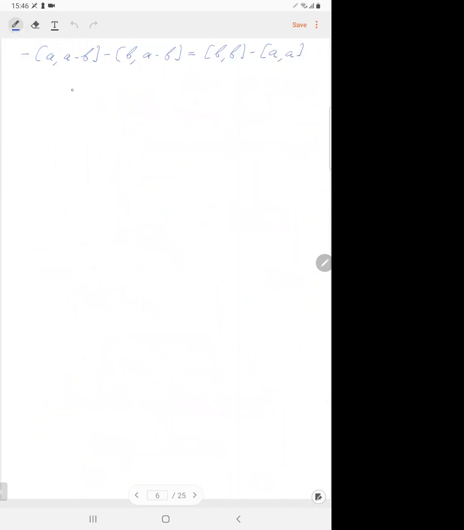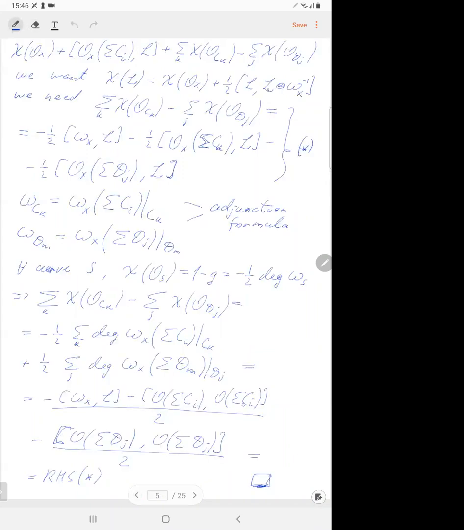Maybe I erase this. Can I ask? Yes. Again, why is the difference of Euler characteristics the degree of something? You explained it, but I missed the last.